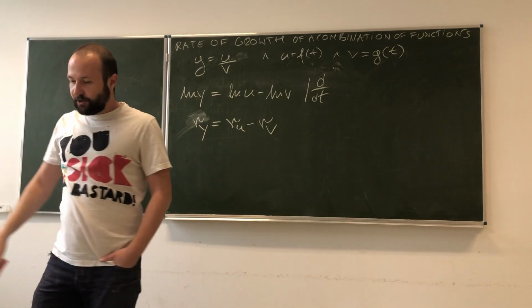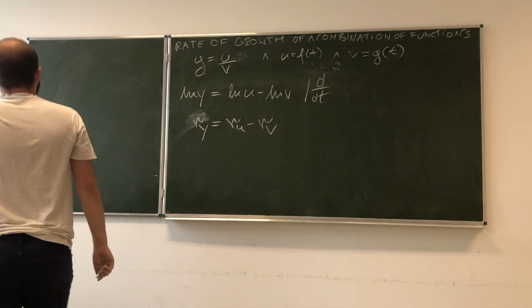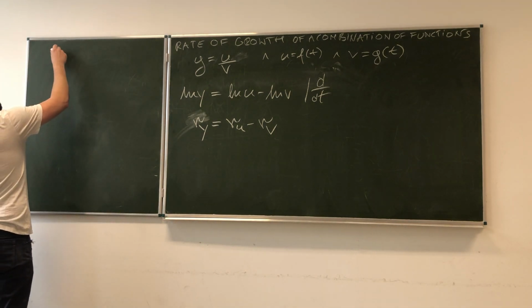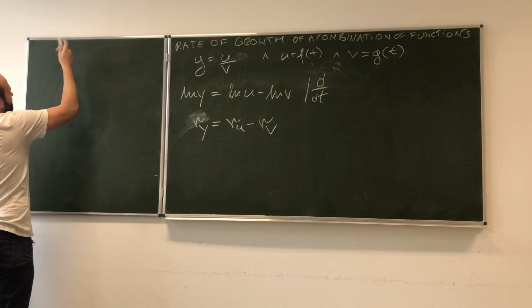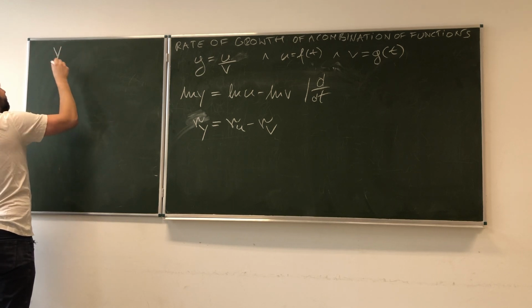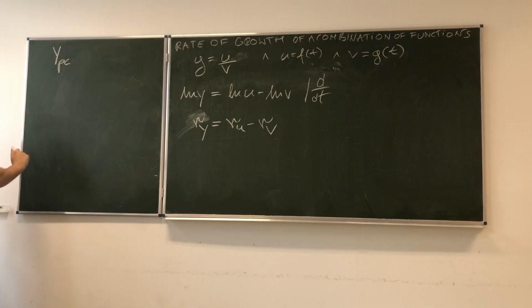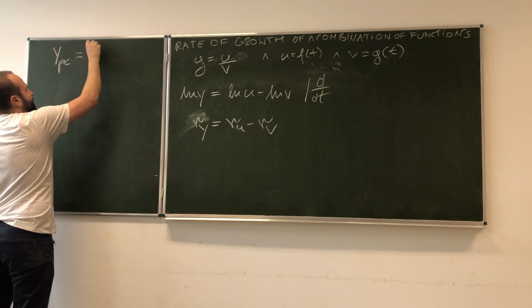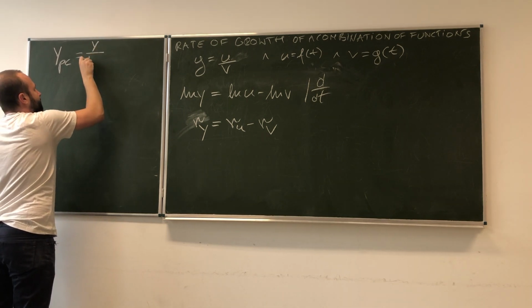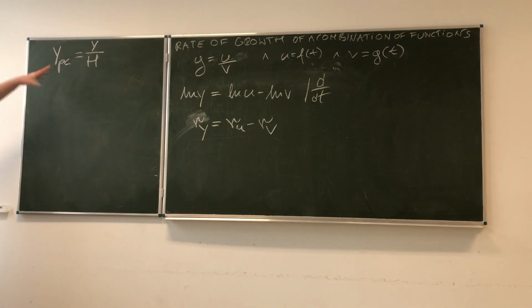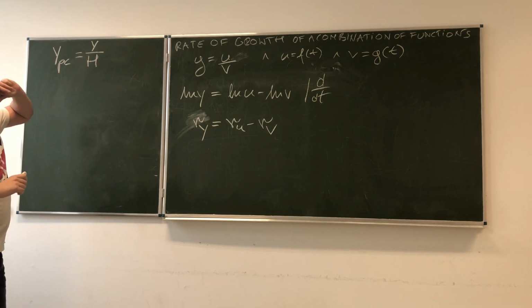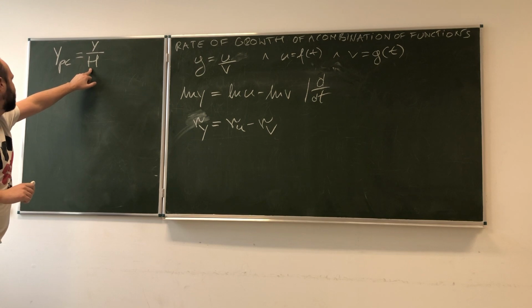Excellent. And again, let's illustrate this one with a practical example. Let's just say that, well, not let's just say, this is how it is. GDP per capita is equal to GDP over number of humans, population.